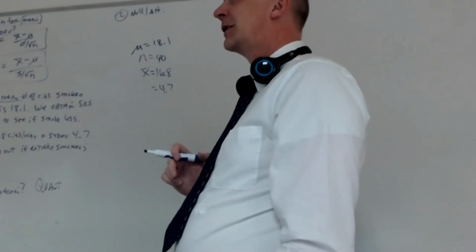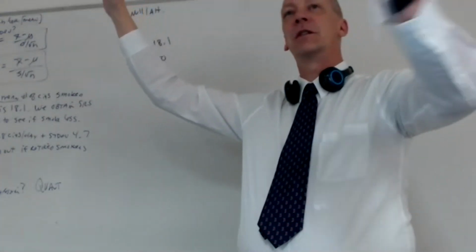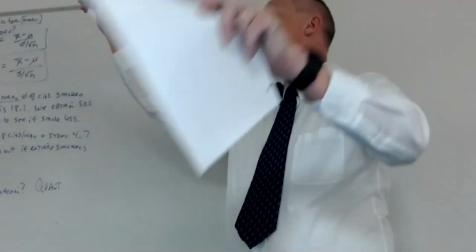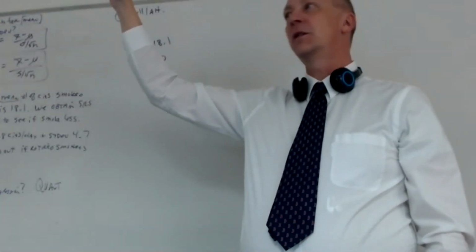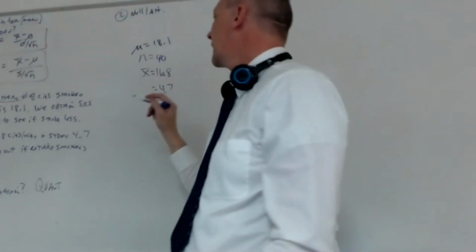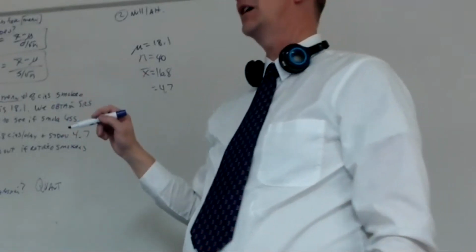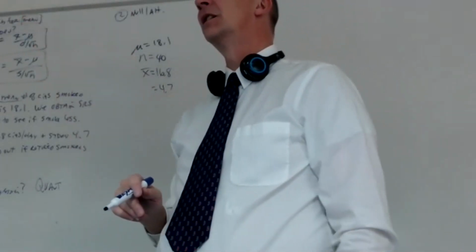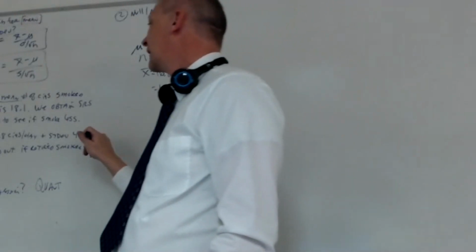Should we vote? Who says S? 1, 2, 3, 4, 5, 6, 7, 8, 9, 10, 11, 12. Who says sigma? 1, 2, 3, 4, 5. Why did you say S, Eric? Because it's a sample. Why did you say sigma, Victor? Okay, so what's this data here?